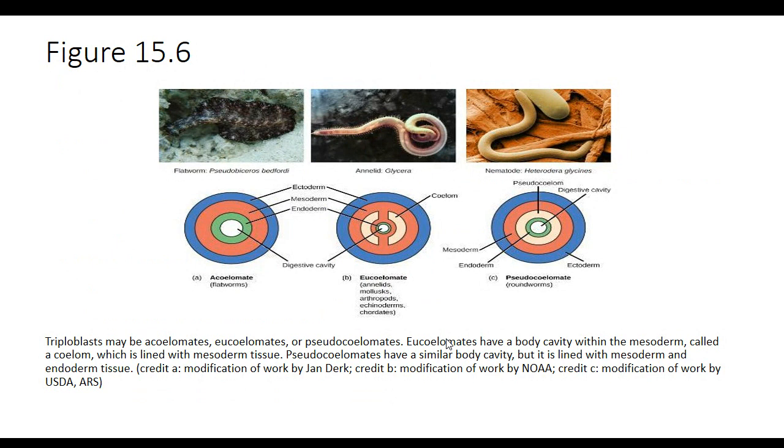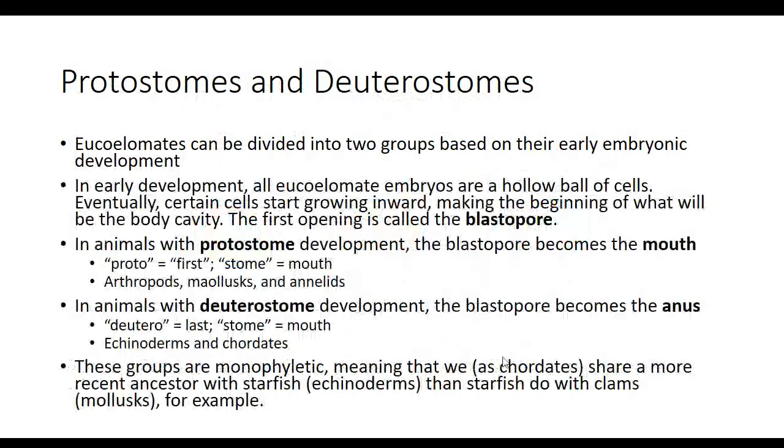But in a pseudocoelomate, there's a body cavity here, but it has mesoderm on the outside, endoderm on the inside. So that's considered a pseudocoelom. It's a body cavity, but it's not a true coelom.